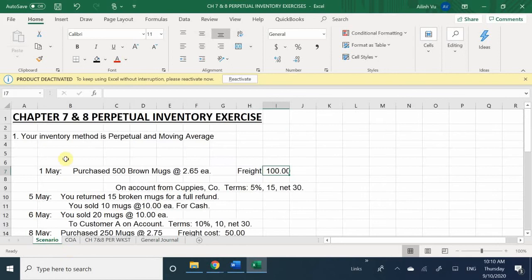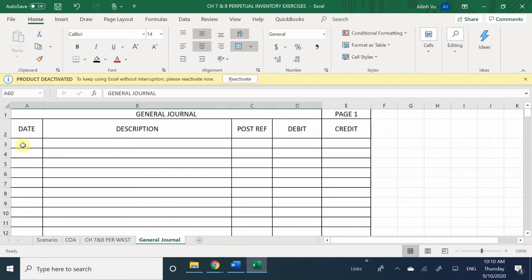So May 1st. What was the transaction on hand on May 1st? We're doing accounts payable.